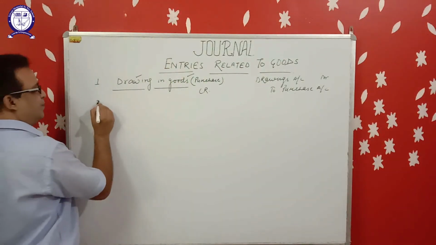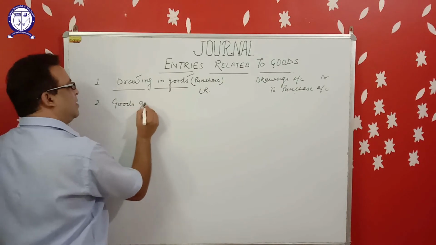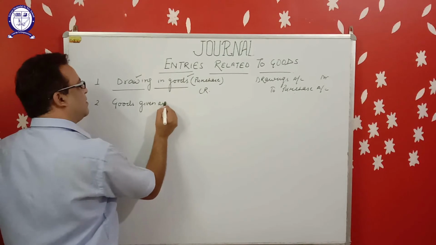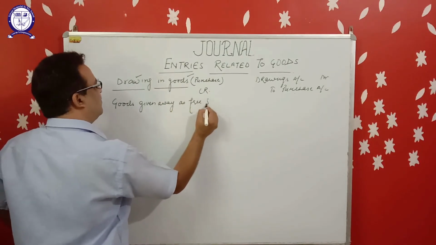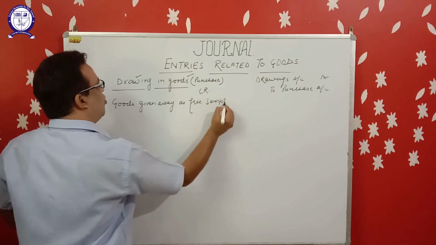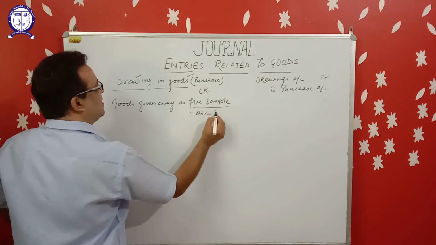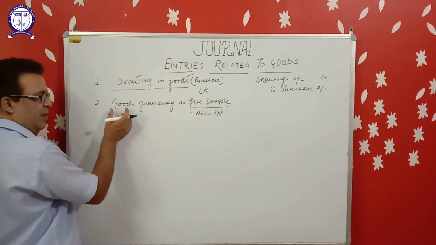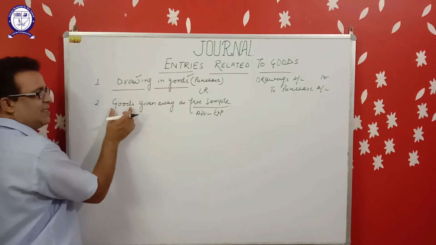Second point, goods given away as free sample. This is also called advertisement. You know, it is an expense for the business, but the goods are going out, so the purchases is decreased.